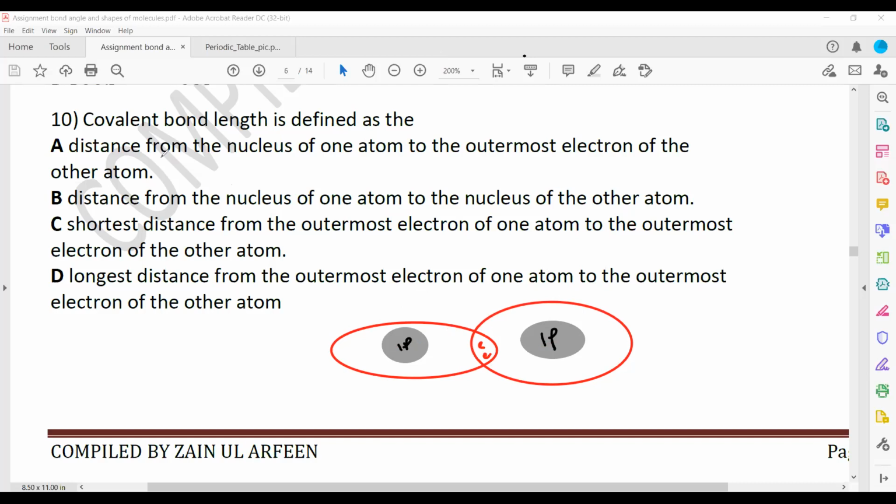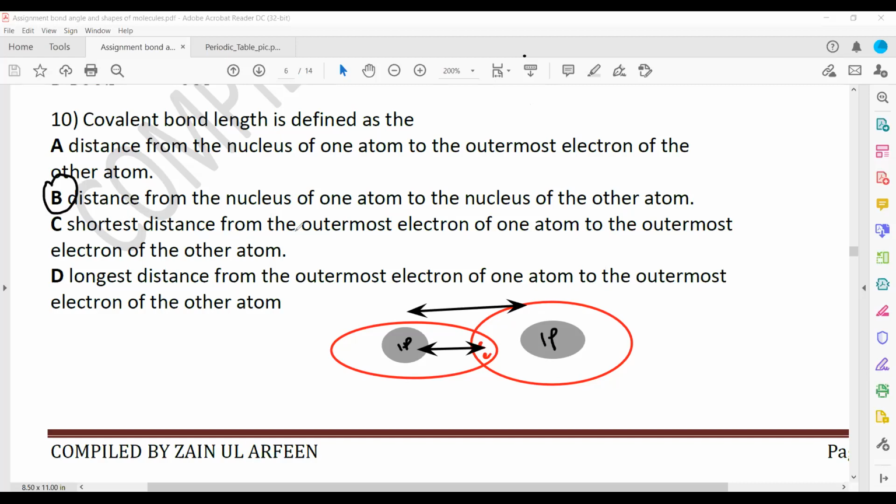According to the first statement, the distance from the nucleus of one atom to the outer electron of the other, it is talking about this distance. But that's wrong. This is not the bond length. Bond length is actually the distance from the nucleus of one atom to another. That's the bond length of a covalent bond. So statement B is the right answer.